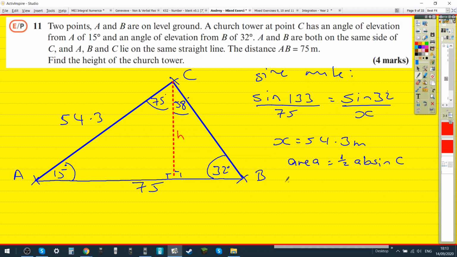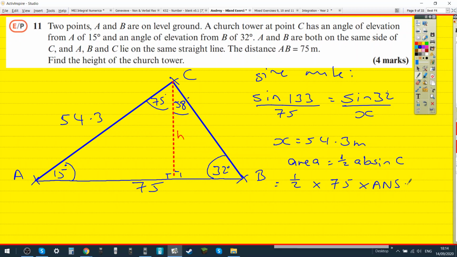And so that would be a half times 75 times 54.3 times sine.